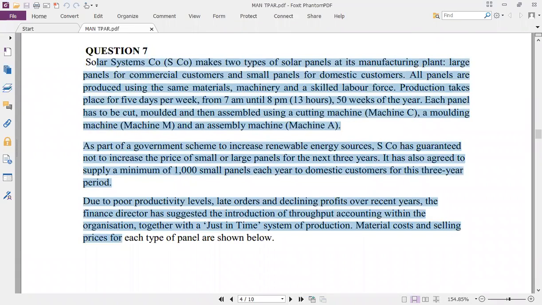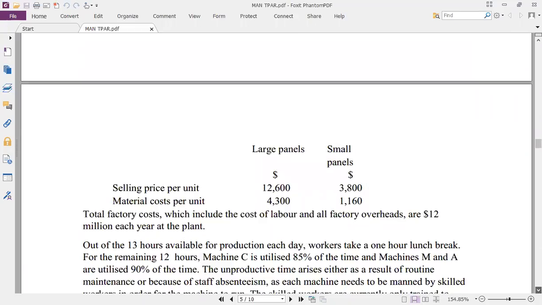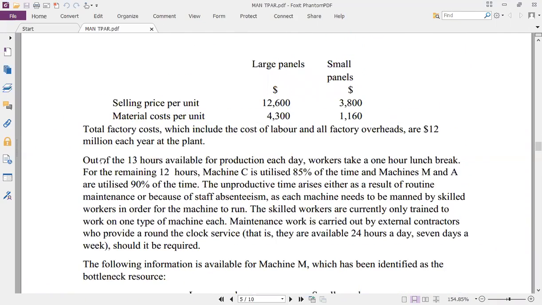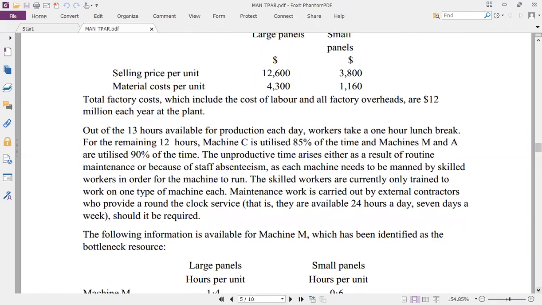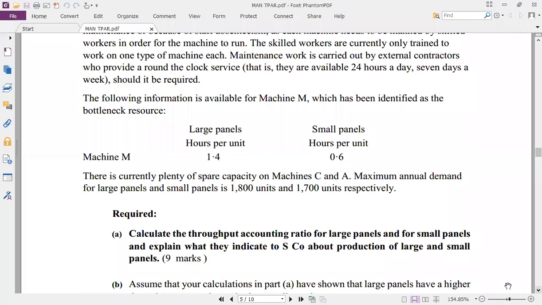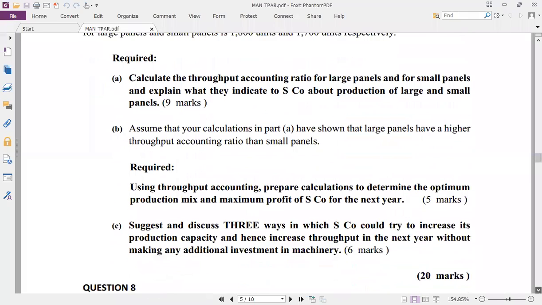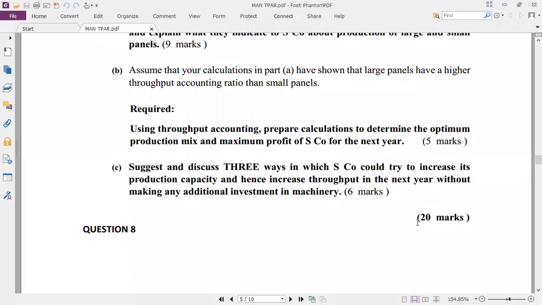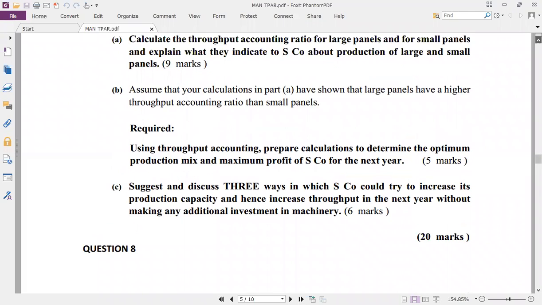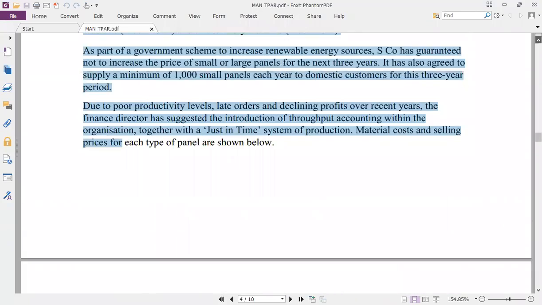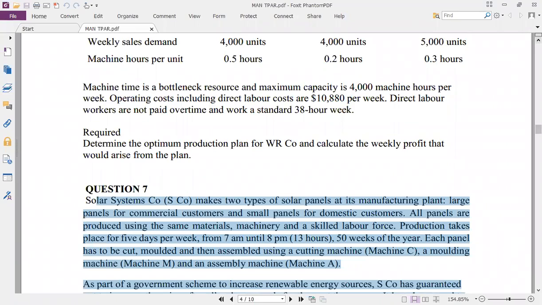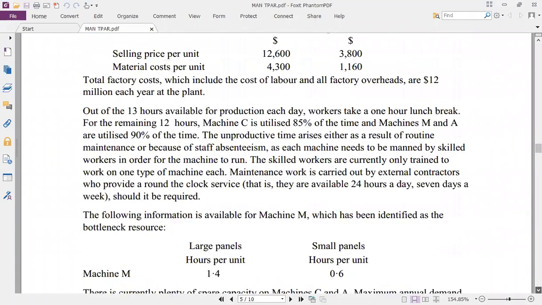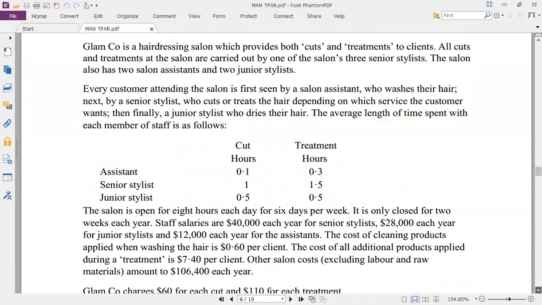What matters is the requirement. The requirement will determine. So calculate the throughput accounting ratio and interpret it. All of them is going for 20 marks. Wow. So just this question, you can see how intense it is. Going for 20 marks. So kindly give it a try.